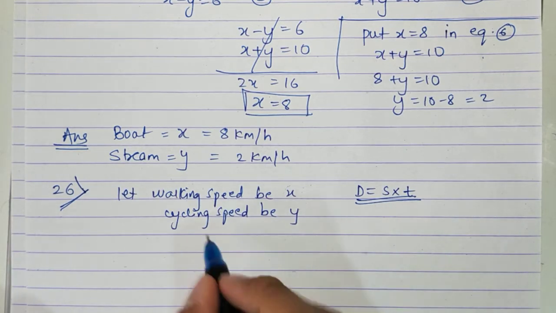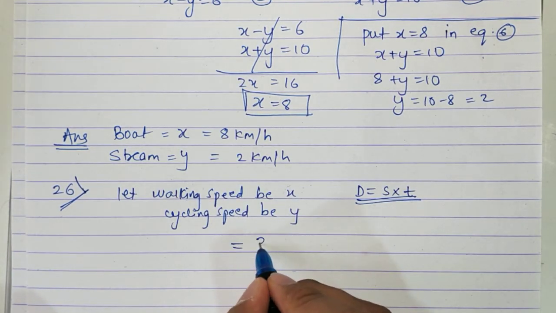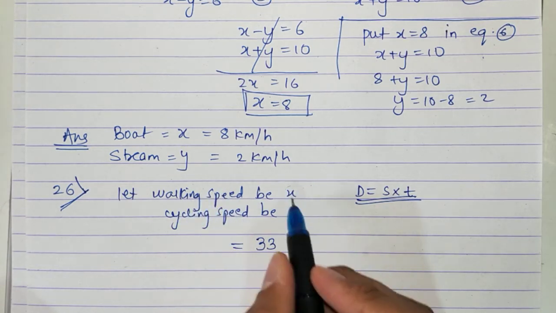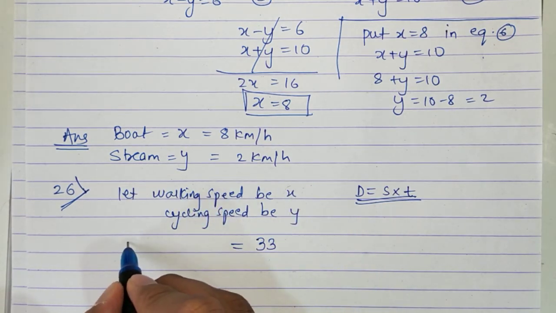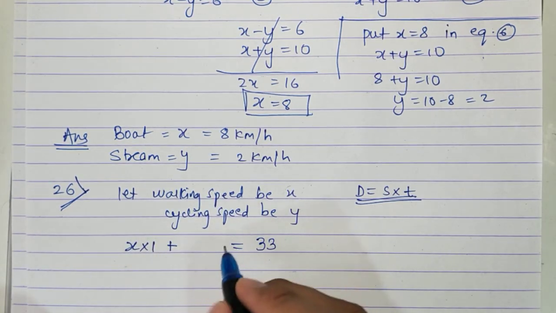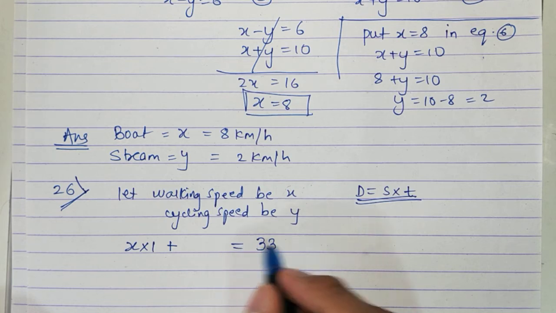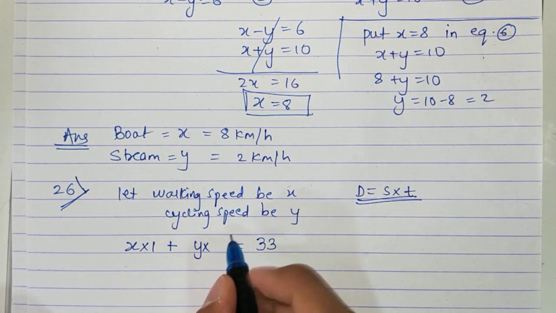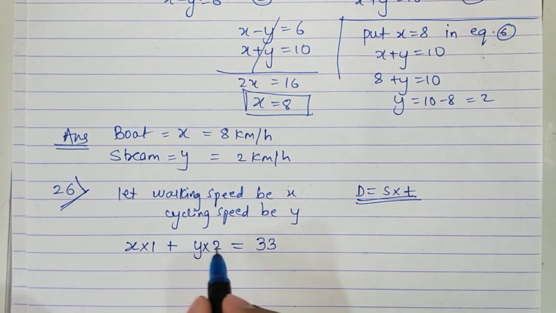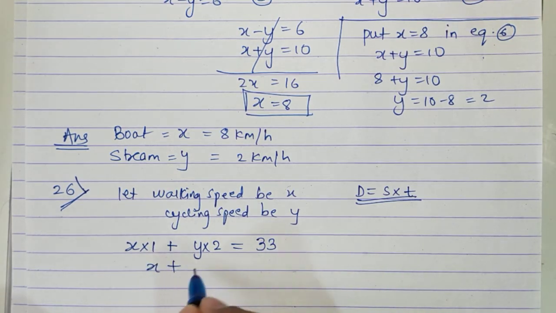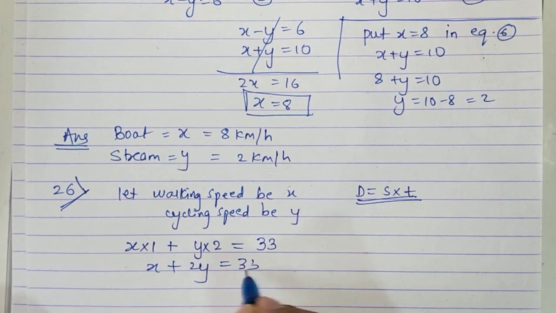Okay, so total उसने कितना डिस्टेंस ट्रैवल किया है, in the first case 33 kilometers. So walking से कितना किया होगा, walking की speed है x into walking time is 1 hour, plus cycling से कितना distance travel किया, cycling speed is y into cycling time is 2 hours. So this is the walking distance plus this is the cycling distance which is equal to total distance of 33. I will write this as first equation.